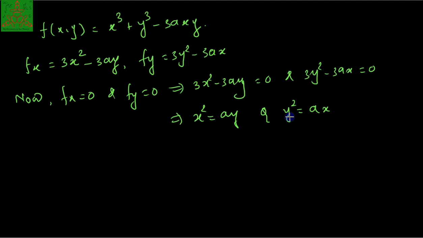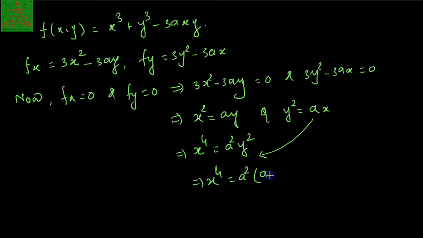Now we need to solve these two equations. So I can square here, so that is x to the power 4 is equal to a squared y squared. After substituting this value of y squared here, we get x to the power 4 is equal to a squared ax.